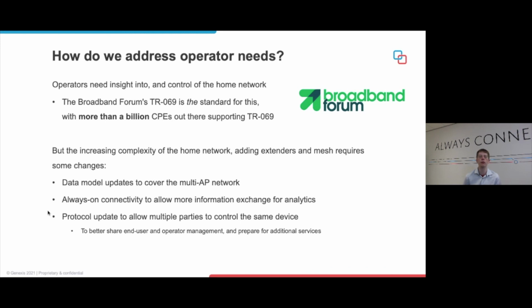So we want to move towards an always-on connectivity model, so we can exchange more information, and we can exchange it more flexibly for things like analytics. And then finally, and this is also a little bit of preparation for additional services that you might want to add to the network and to the products over time.